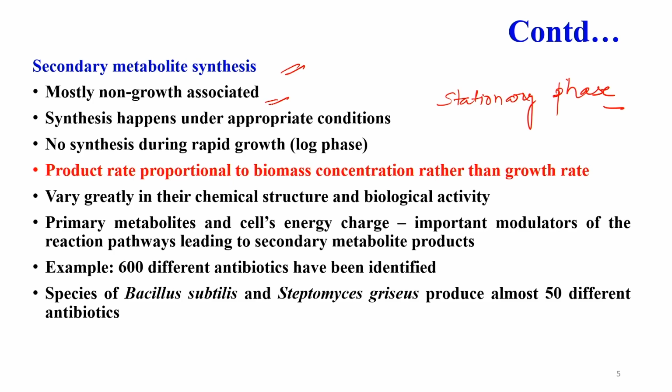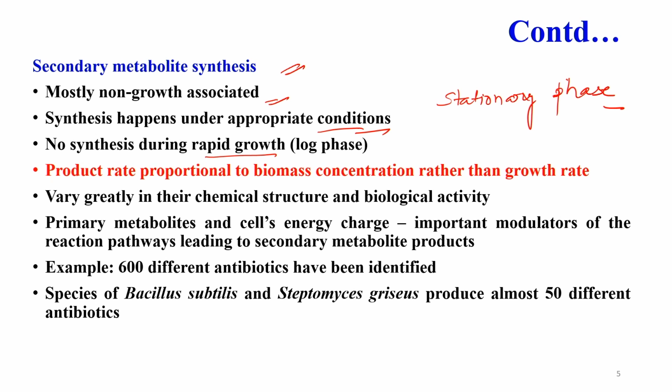For example, antibiotics are non-growth associated products. Many secondary metabolites are non-growth associated products, and synthesis happens under appropriate conditions, particularly during the stationary phase, with very minimal synthesis during the growth phase.